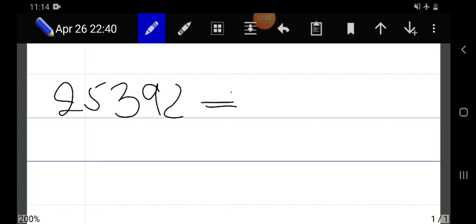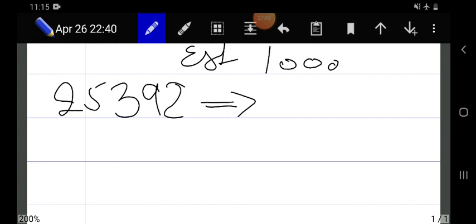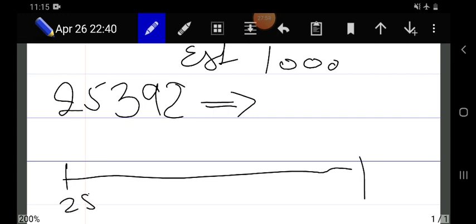Okay, I'll show you. 25,392. As we are estimating it to the nearest 1000, sorry, it was 7 by mistake, 1000. 25,392 lies between 25,000 and 26,000.